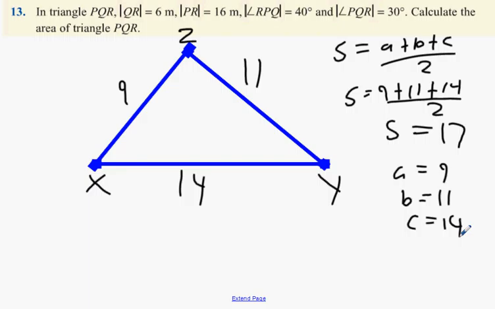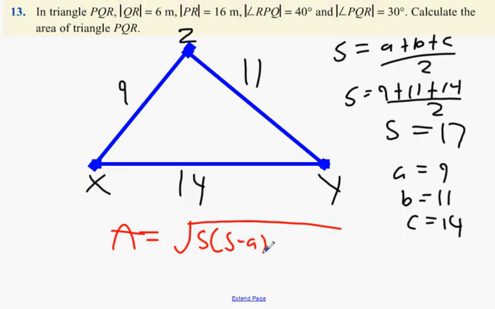Then you're going to write down your area formula. Anybody remember the area formula? Root S times S minus A and so on. Do you need to learn that off by heart? Well, some of you do, but some of you don't. Depends who has the old tables there.